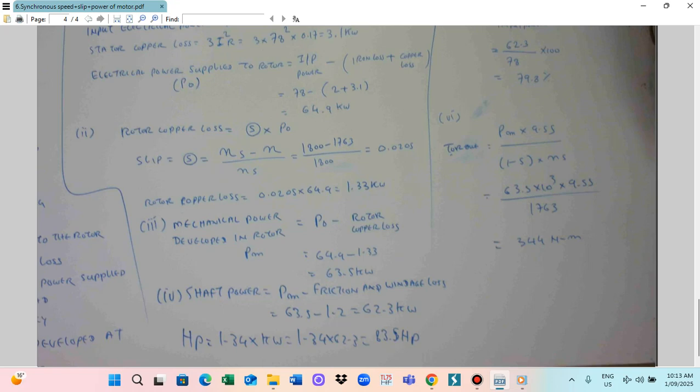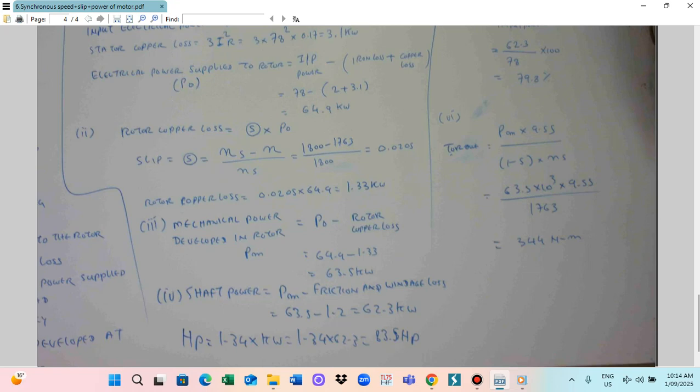So then we substitute here. PM is 63.5, minus friction and windage loss, which is 1.2. So we subtract this and get 62.3 kilowatt. So this is the shaft power.